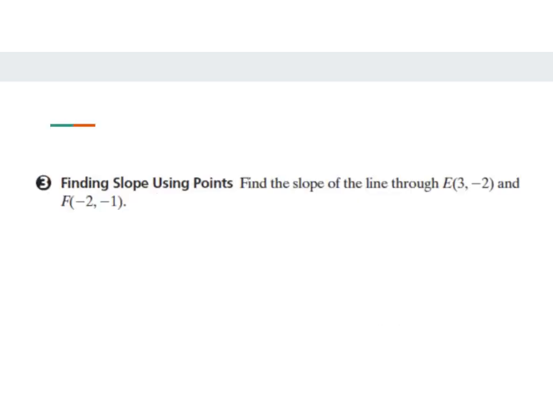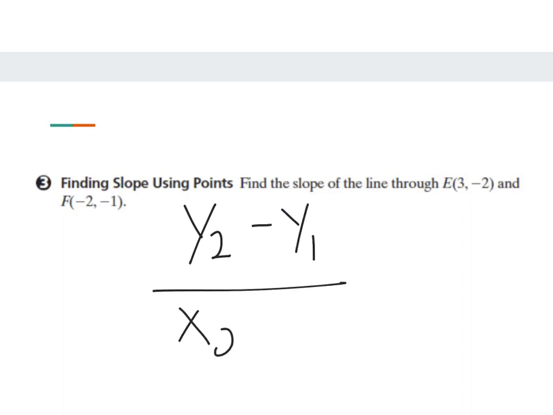In our last example, we're going to use our formula here. If you recall at the beginning when we were talking about our vocabulary, it's y2 minus y1 over x2 minus x1. Those 2's and 1's just refer to which point you're talking about.